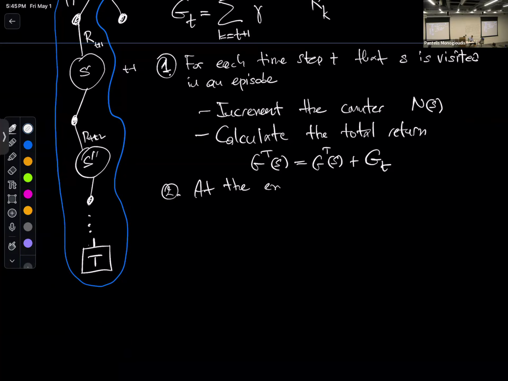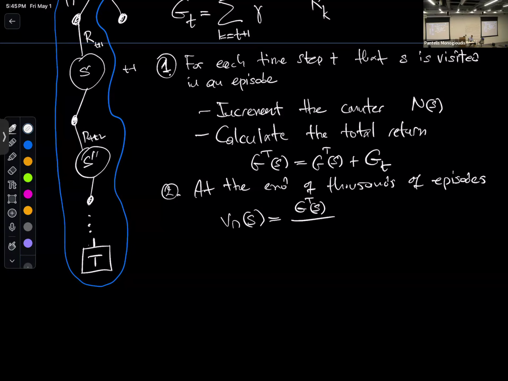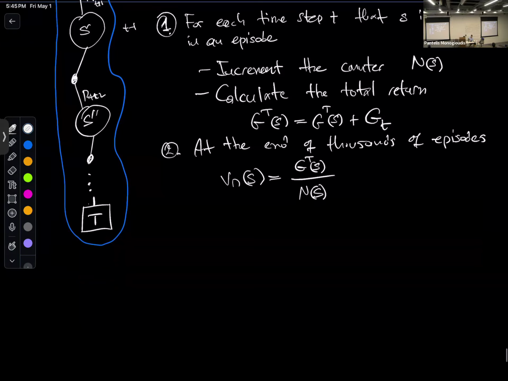At the end of thousands of episodes, V pi of S is equal to G_t of S divided by N of S. And this is V. Remember, I was telling you about the notation that you need to be a little bit formal about because you may be lost because of notational deficits.